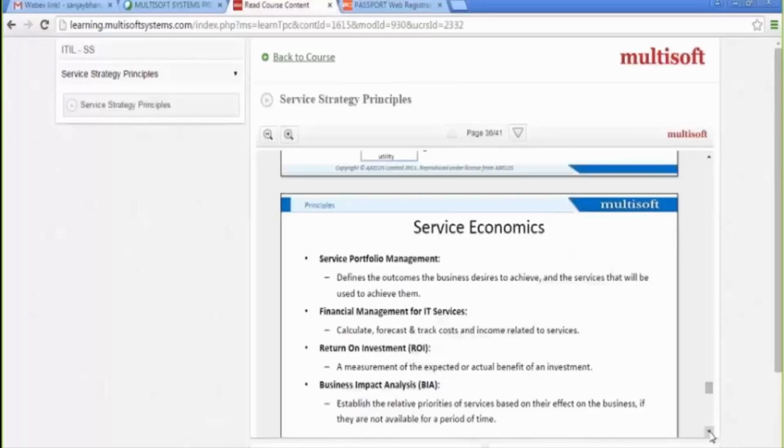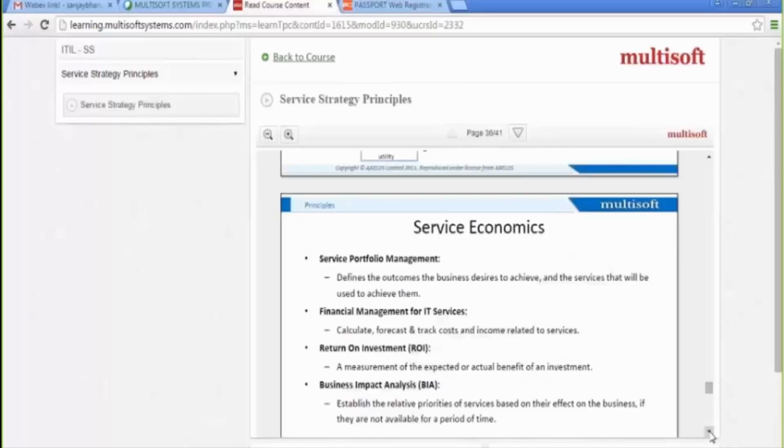So I will check on that portfolio: what are my current services? What are my current products, which are running, for which I am doing the support? Okay, so that is my catalog services, which is running, and for which I'm doing something, right? So that is my service catalog.